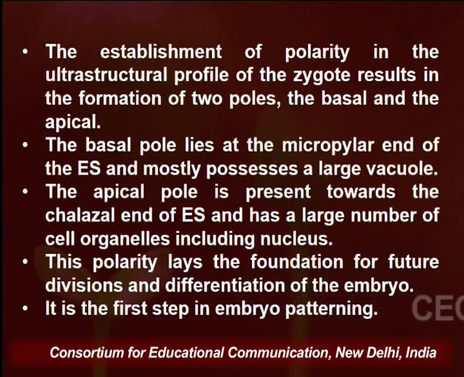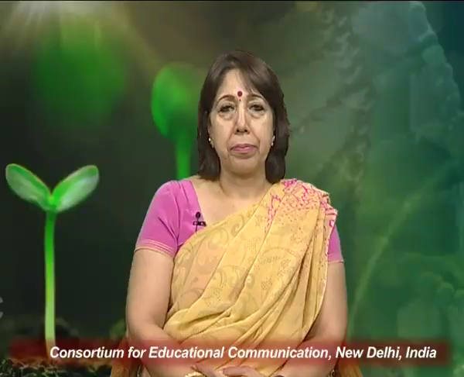The apical pole, on the other hand, is present towards the chalazal end of the embryo sac and has a large number of cell organelles, which also includes the nucleus. This polarity, the formation of a basal and an apical pole, lays the foundation for future divisions and differentiation of the embryo. We can also say that this is the first step in embryo patterning.